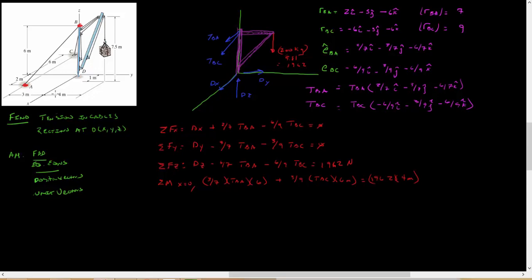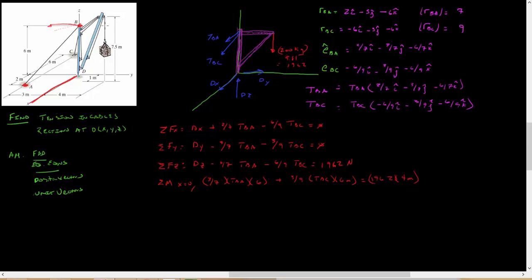So if you're looking at the x-axis here and you're looking at TBA right here, you have this force here of TBA of 3/7, which is going to be what? That's the y-axis. I guess I should draw it like this, which is going to cause a rotation about the x-axis.